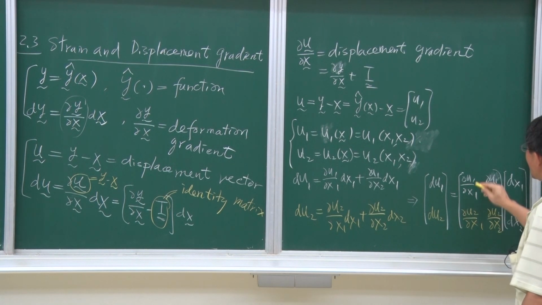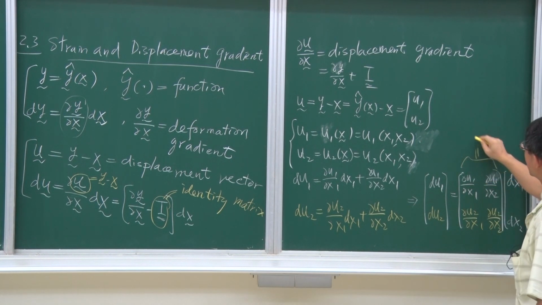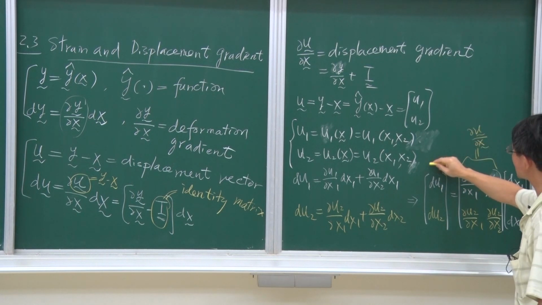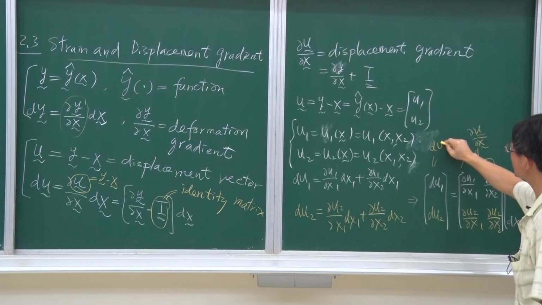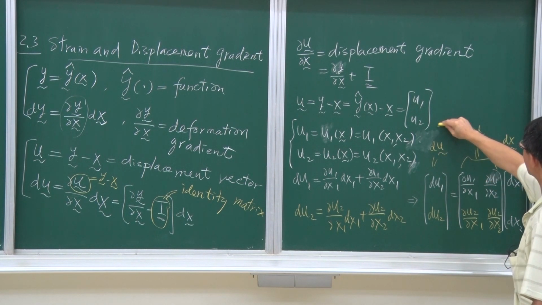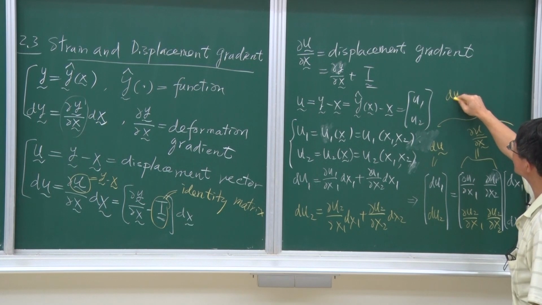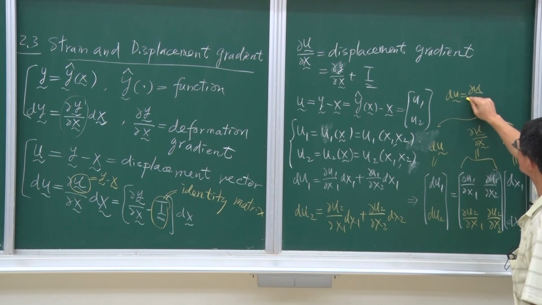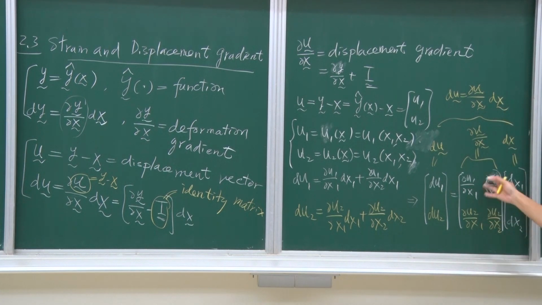This one is the expression, and this one is du, and this one is dx, and eventually we have partial u partial x dx. This is the concrete expression of the displacement gradient.